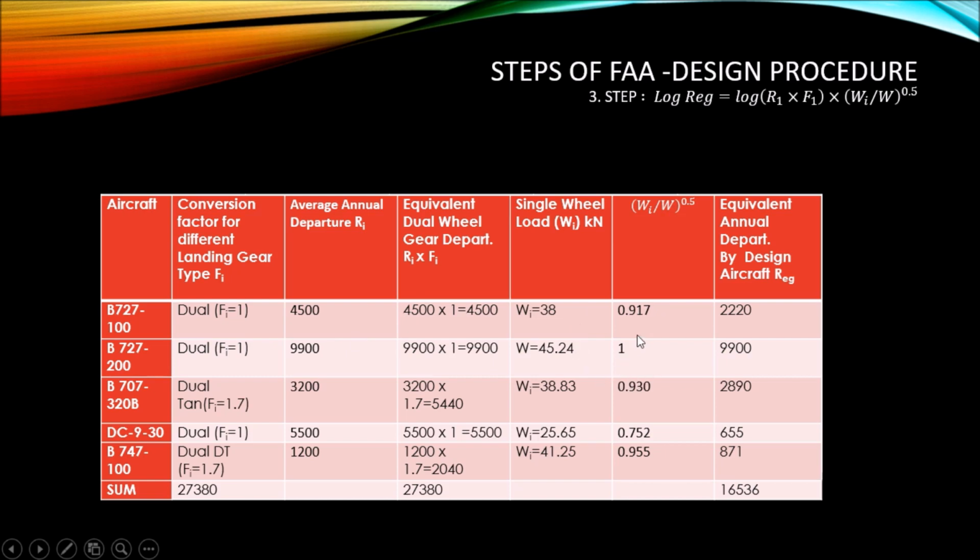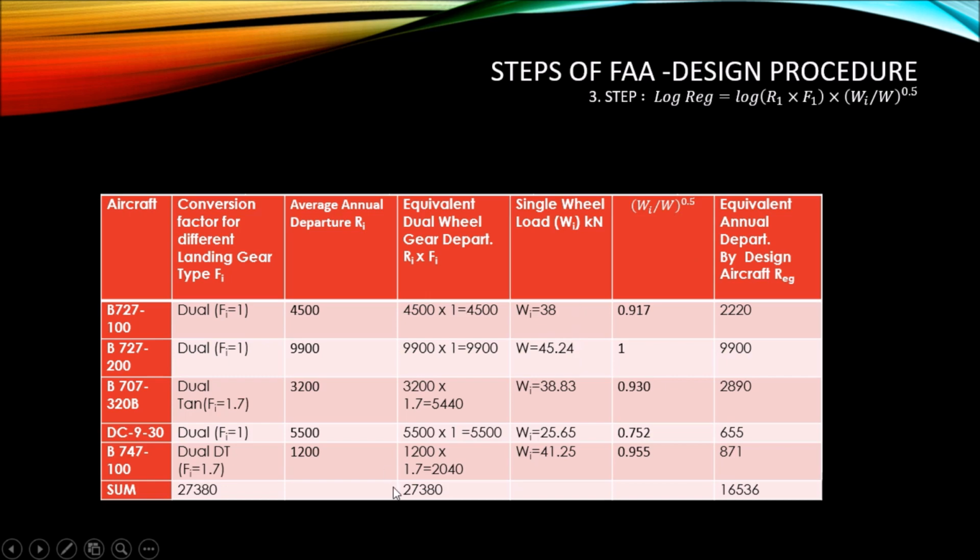So for this very one, since we have gotten the single wheel here, we have 38. We divide 38 by 45.24 and then we'll get the square root of it, or raised to power 0.5.